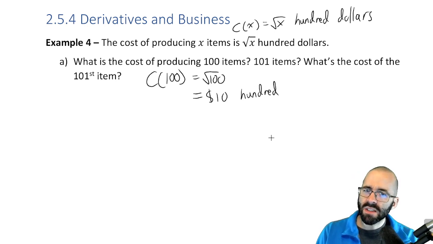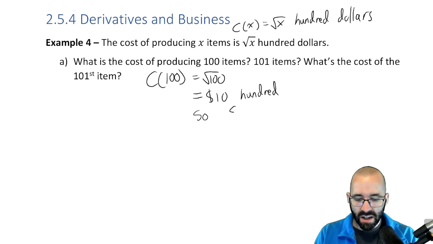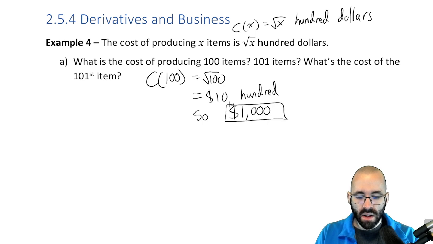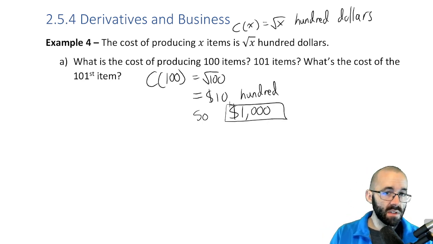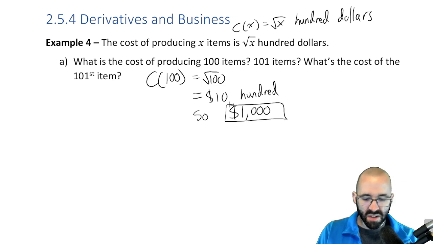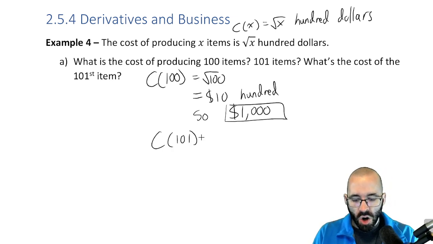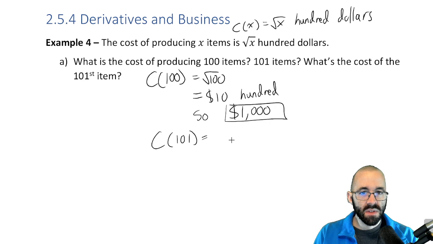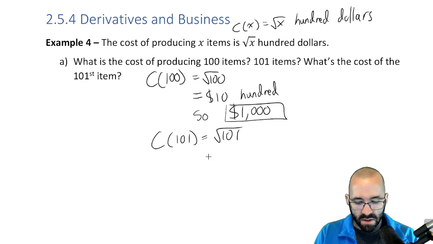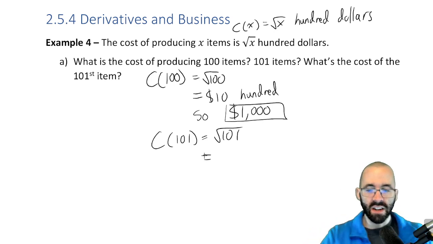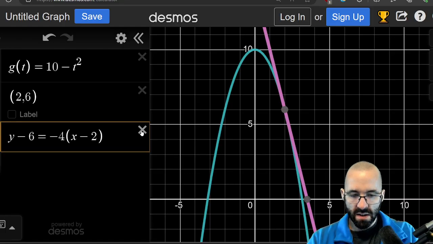Which looks a little weird to say. What's $1,000? $1,000. Okay. What about 101 items? Well, this one's a little messier. The total cost of 101 items is going to be the square root of 101, which, I don't know, we're going to need to use a calculator to approximate that.